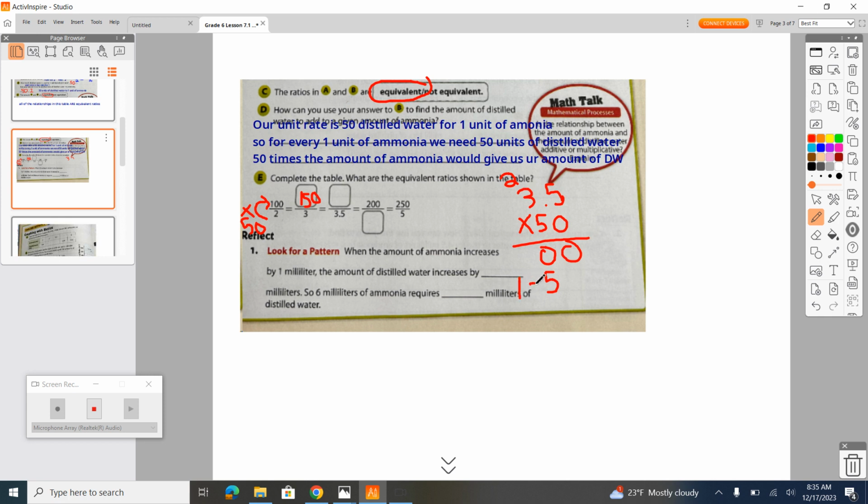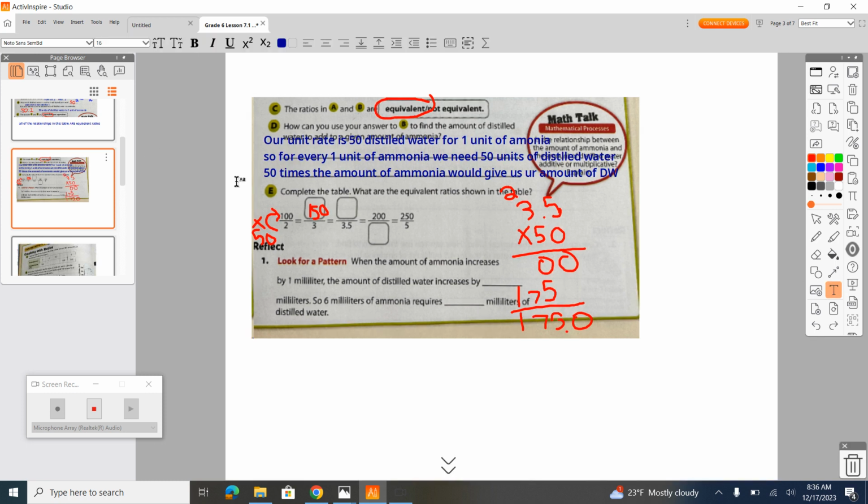So my answer here is 1750. Because I have 1 decimal point in the first number and none in the second, I'm going to put my decimal here. I'm going to type this so you can see it a little bit better. So this number would be 175.